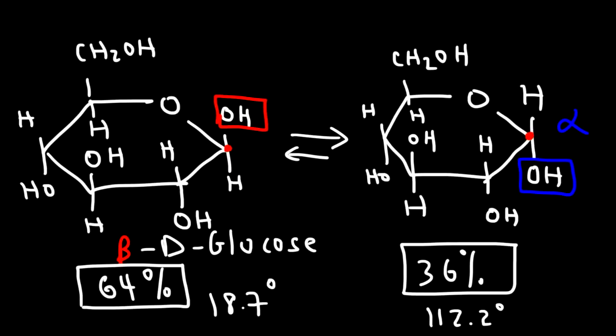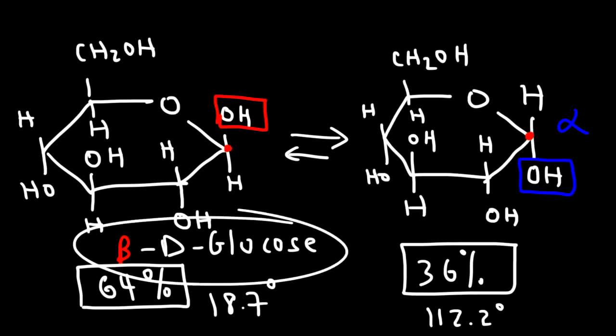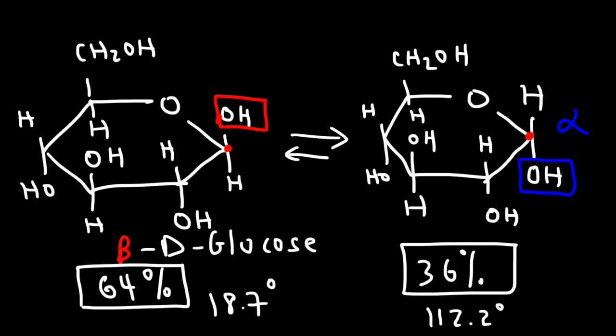And let's say if you take pure beta D-glucose and you dissolve it in water, the specific rotation will change from 18.7 and it's going to go up to 52.7. Likewise, if you dissolve alpha D-glucose, it's going to decrease from 112.2 and it's going to stop at 52.7.